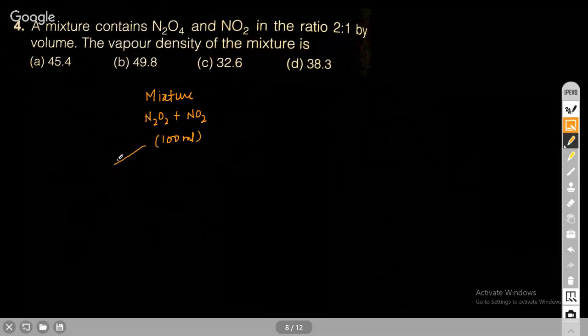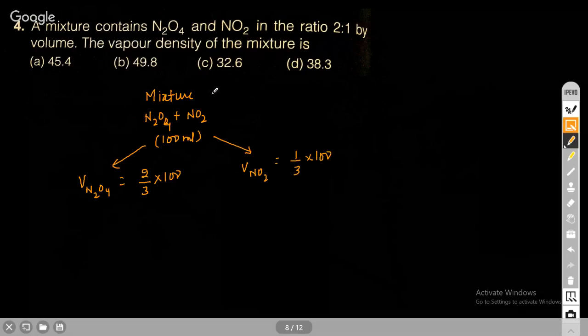So if I find out the volume of N2O4, that will be 2 divided by 3 into 100, because 2 is N2O4 and 1 is NO2. So total is 2 plus 1, 3. So volume of N2O4 is 2 by 3 into 100 total volume. Similarly, the volume of NO2 is 1 by 3 into 100.